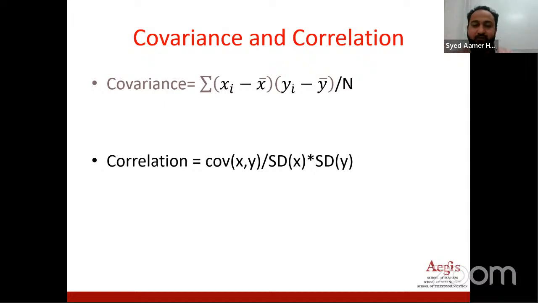For that, we have something called correlation. We take covariance as it is, then divide it by the standard deviation of x multiplied by the standard deviation of y, which gives you correlation. Is it difficult to understand the meaning of correlation?